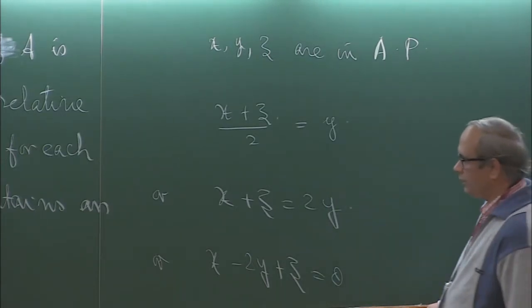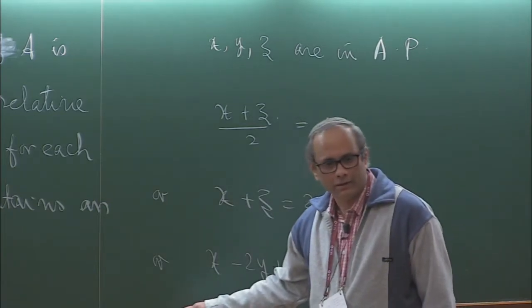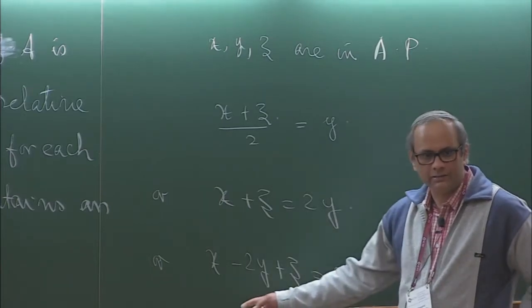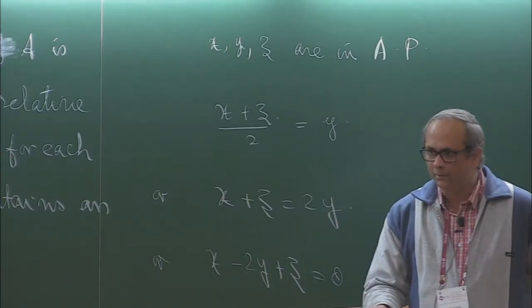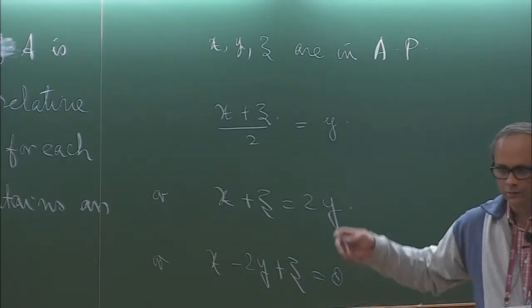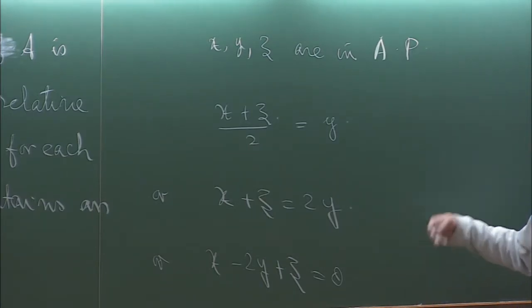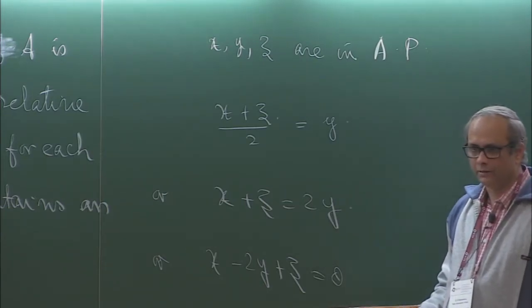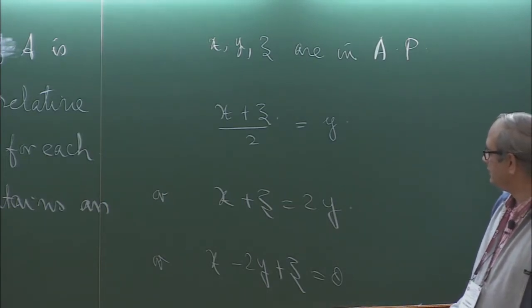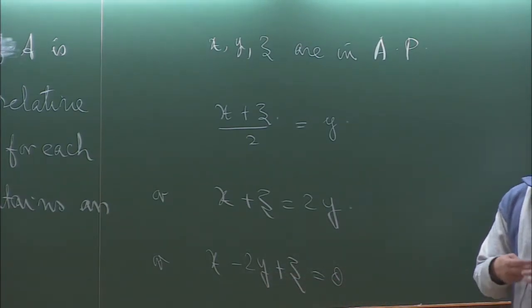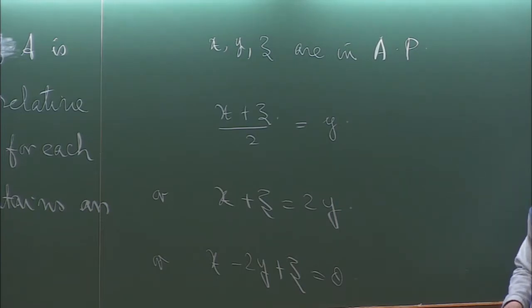Much of what I say will apply to any single translation invariant equation in any number of variables. So the methods I use and the theorems I give, you can easily extend them to a single translation invariant equation in any number of variables. So it's this point of view that really governs how one studies 3-term APs.